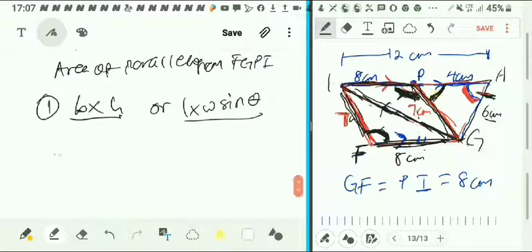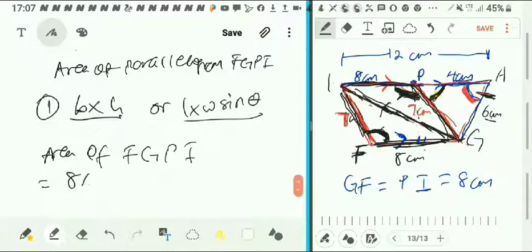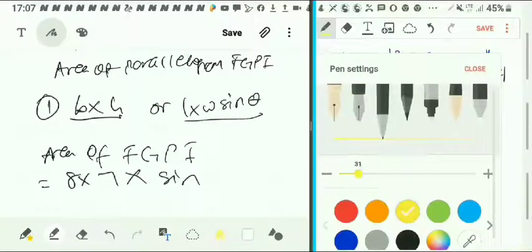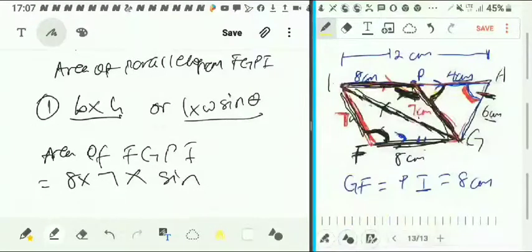So let's assume we're using this side now. We have area of FGPI equals 8 times 7. That's this side here, length times width, times sine of what? What's the angle between the sides we're using? I'm using this side times this.